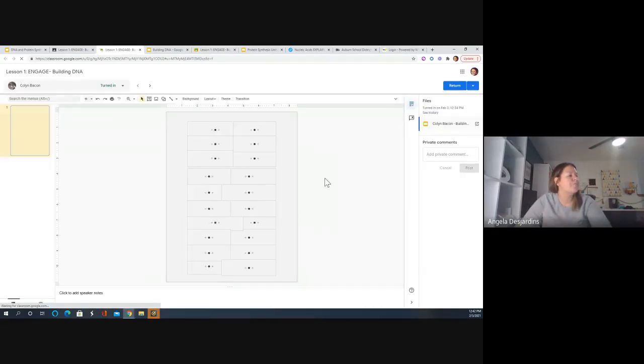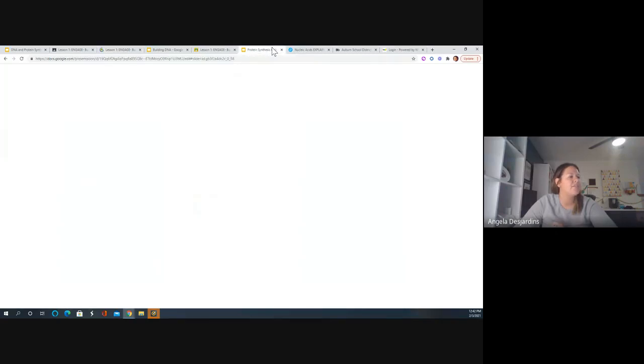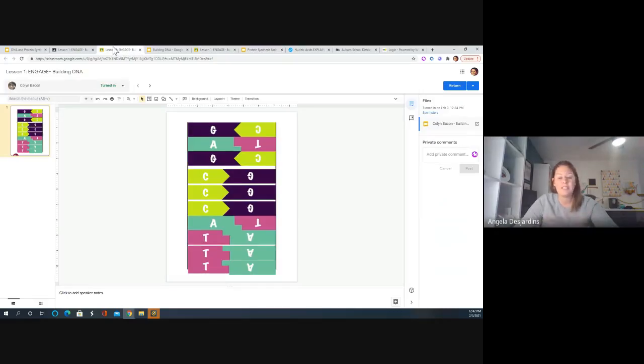All right. A couple of things. The first question on our table is asking us to look at some patterns that have to do with the pairing. When you guys are looking at the pieces themselves, those pieces are little puzzle pieces. Those guys are called nucleotides.